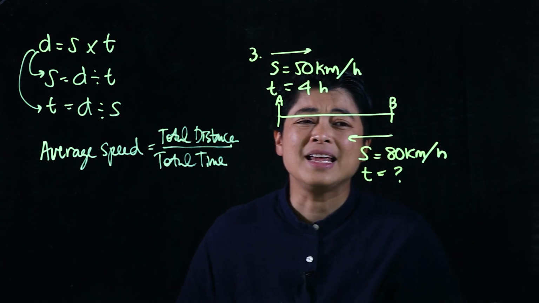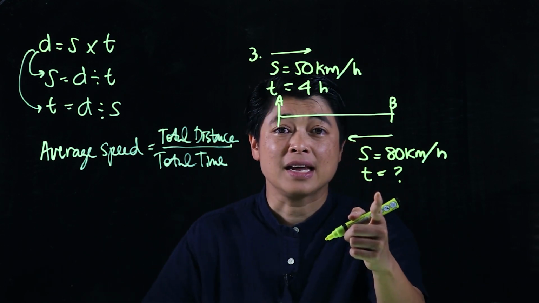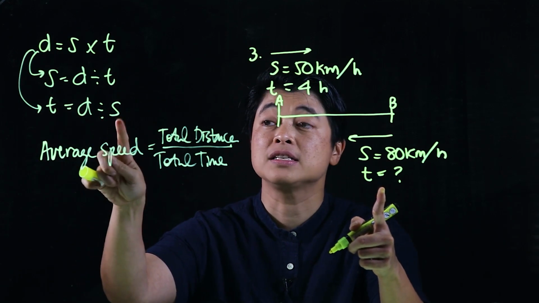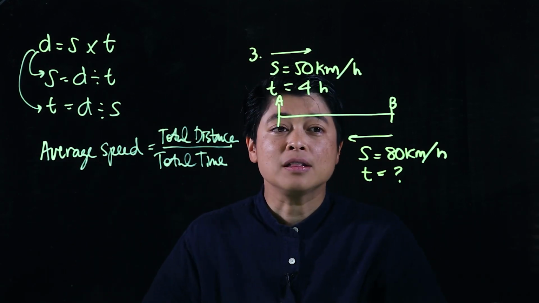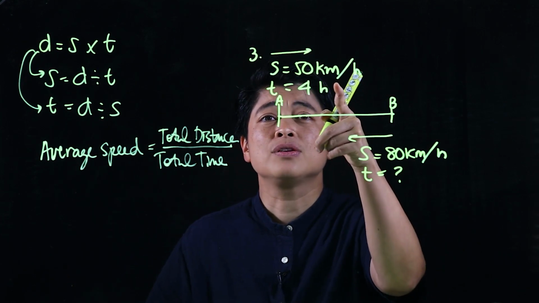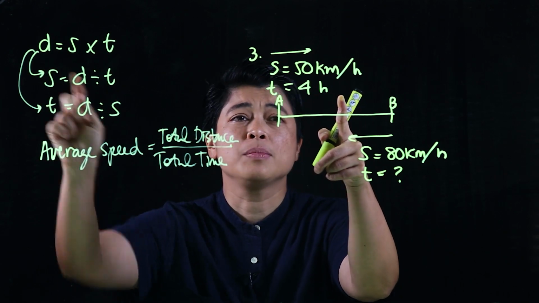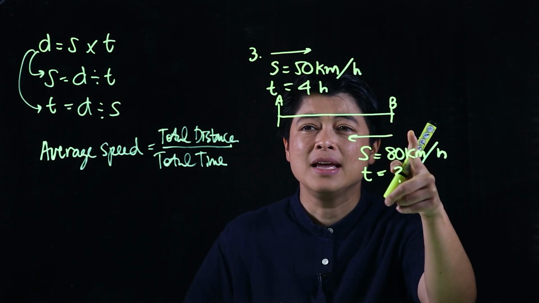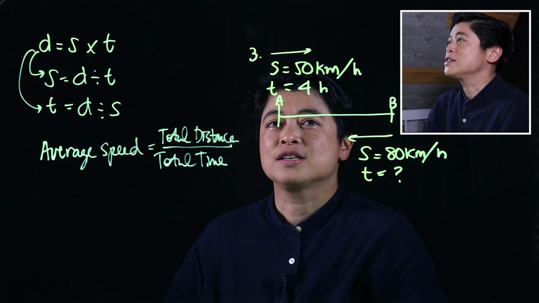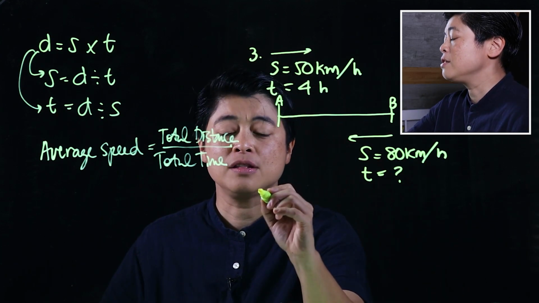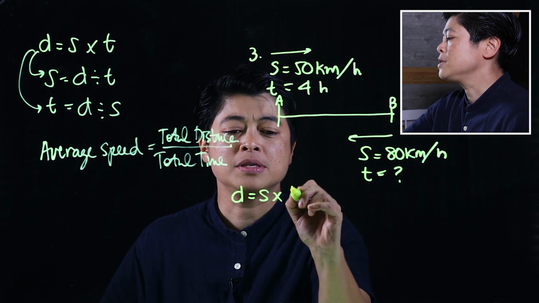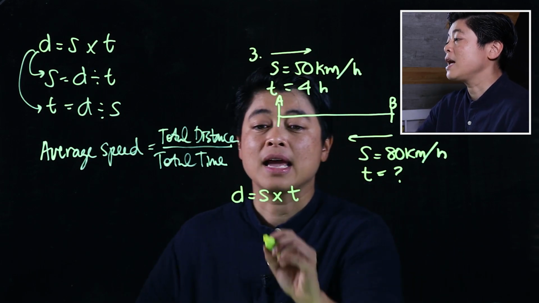Clearly, if we want to find the time, we need the distance, because the formula says you need a distance and you need a speed. The speed is given, but we're not given the distance. The distance can be found using the distance formula, because the distance from A to B is the same as the distance from B to A. So the first step is to find distance is equal to speed times time, or rate times time.